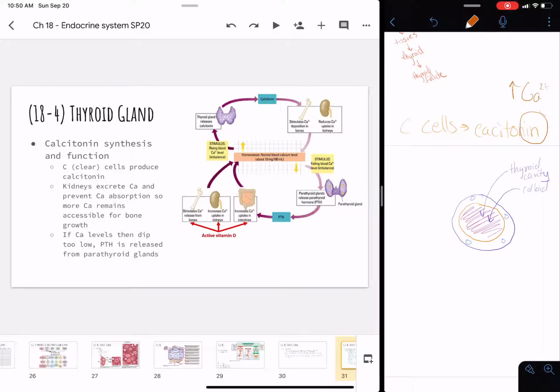And then whenever we have calcium in the bloodstream, then the idea is that we can use that for more cellular functions that we need calcium for. If we don't have enough calcium in the bloodstream, then parathyroid hormone is going to be released.